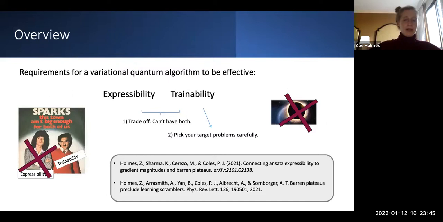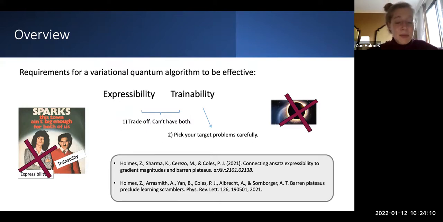And I thought I'd just end by flashing up this slide again. So what have I told you? Well, I've tried to pin down two requirements for a variational quantum algorithm to be effective. The first is expressibility, the second is trainability. The first result I shared with you is a trade-off between them, showing that you can't have both. The more expressible your ansatz is, the harder it's going to be to train.